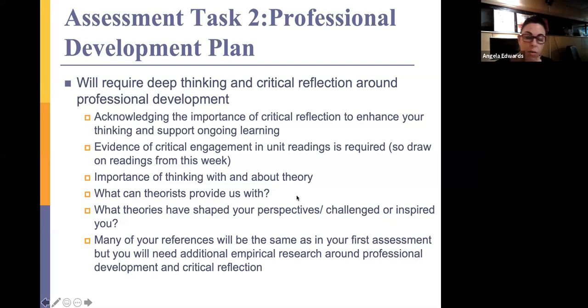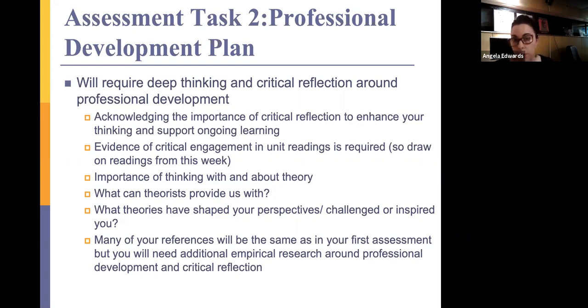So, now, a reminder, as in your first assessment task, that all of your research at a master's level, not just at a master's level, but at an undergraduate level as well, needs to be scholarly, so recent, except if it's seminal, published, peer-reviewed research articles. So these are the ones that you will find on the QUT databases and also in your unit readings as well.